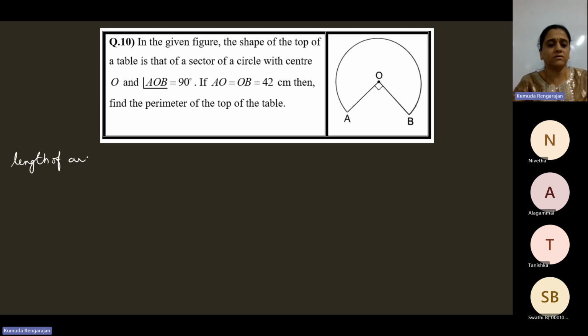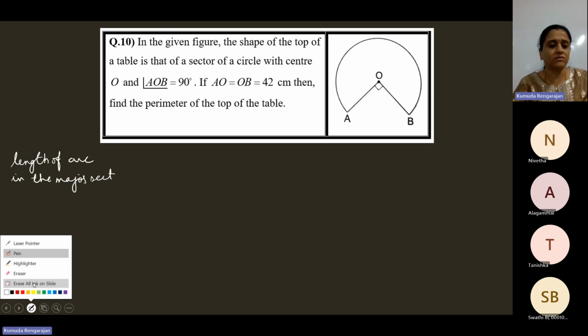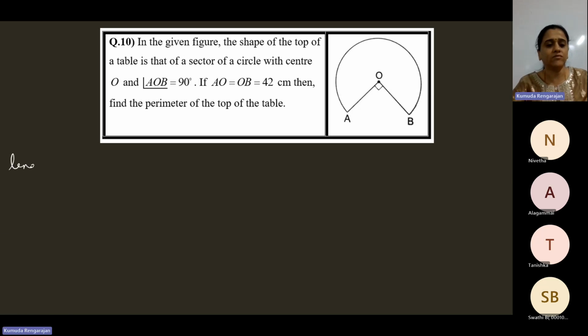Length of arc in the major sector, or length of major arc. Length of major arc is equal to theta by 360 or 360 minus theta, whatever, but be careful.